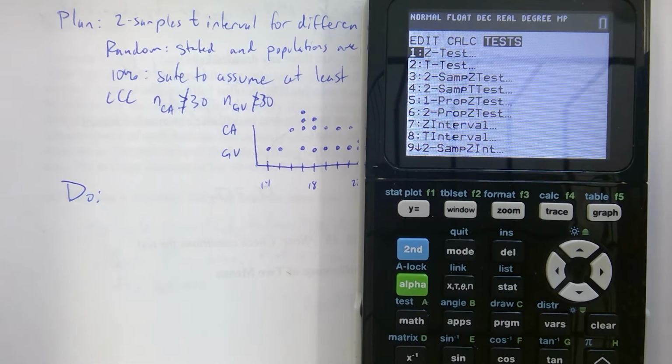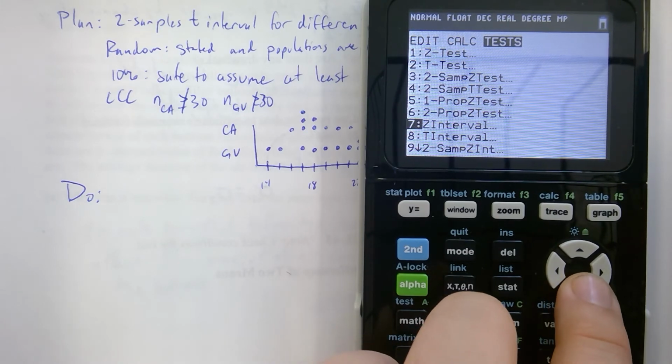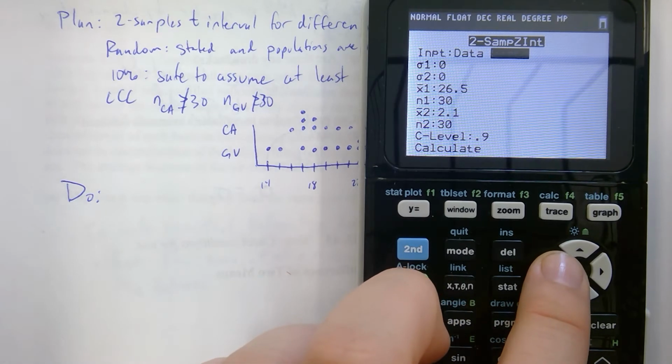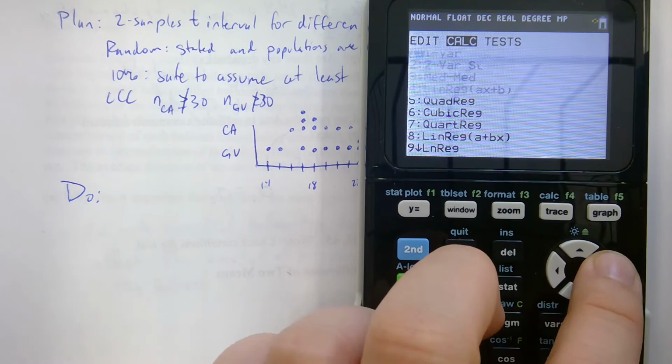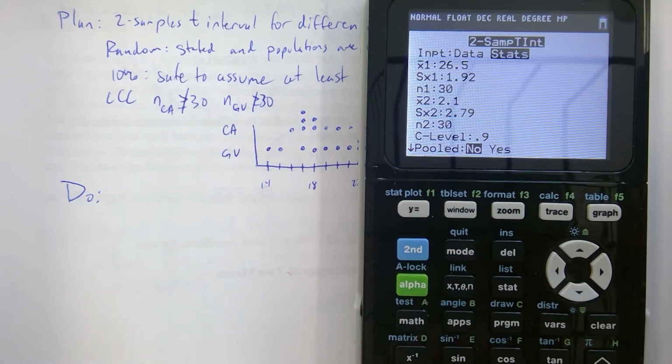We want a 2-sample t interval for difference in means. So I want a t interval and it's 2 samples. Oh, made a mistake. I picked 2-sample z interval. That's not good. 2-sample t interval. There we go.